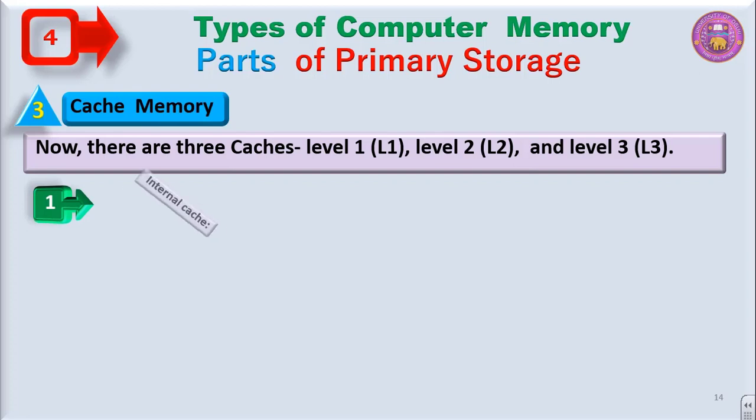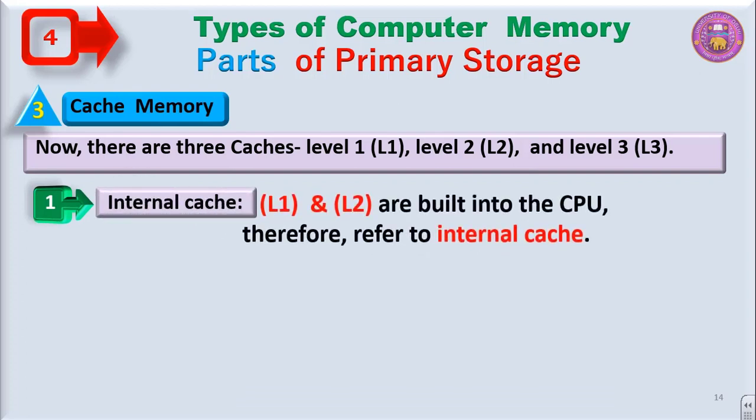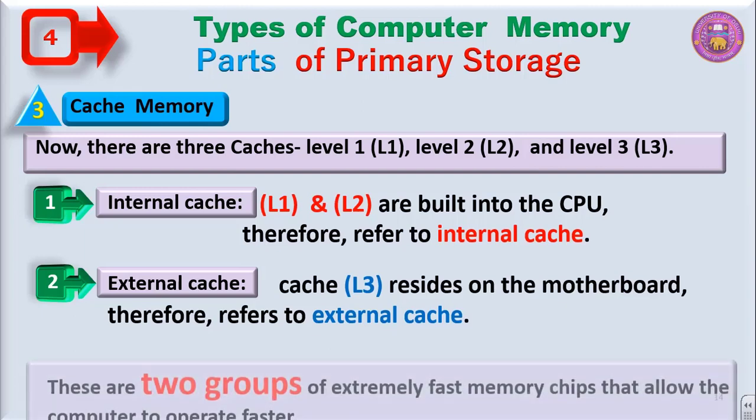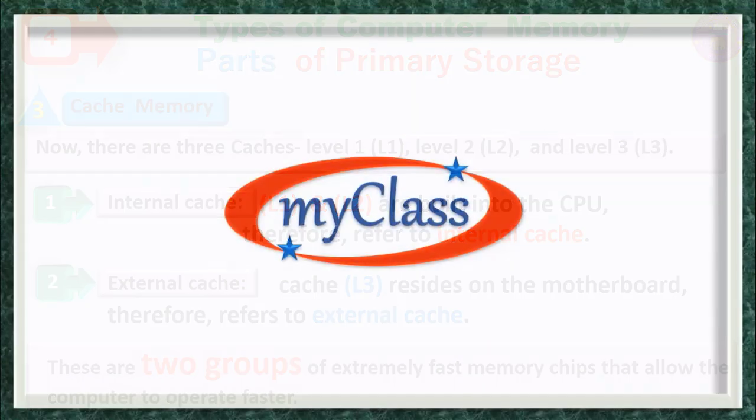Internal cache: L1 and L2 are built into the CPU, therefore they refer to internal cache. External cache: cache L3 resides on the motherboard, therefore it refers to external cache. These are the two groups of extremely fast memory chips that allow the computer to operate fast. Thank you very much.